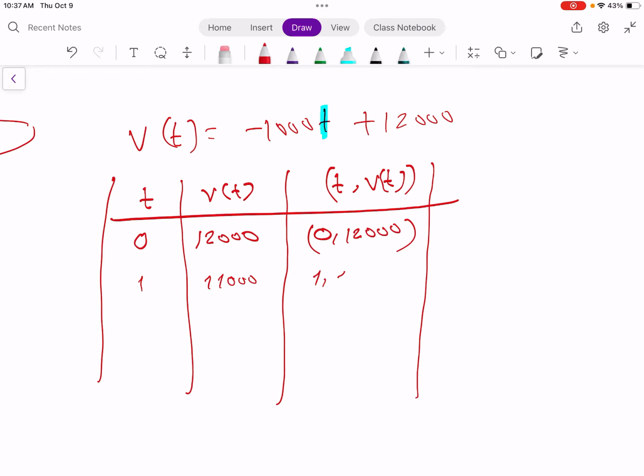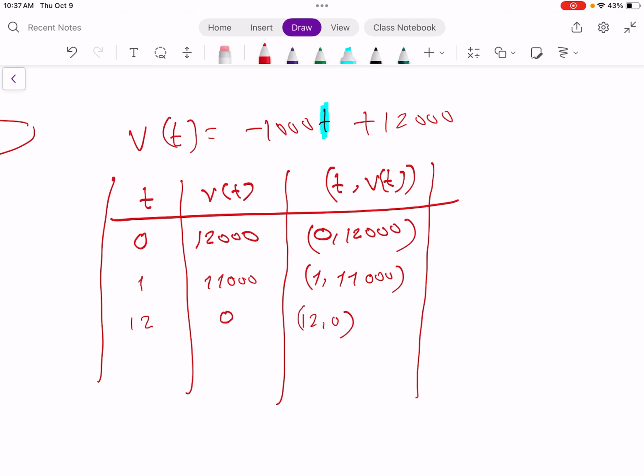So (1, 11,000). Let me take one more. What if our T equals 12? What is our output? You replace T by 12. We get V of T equals 0, right? So (12, 0) is the next point.